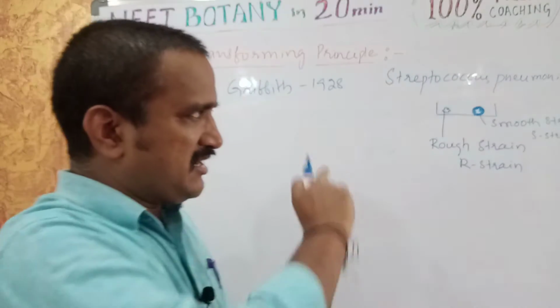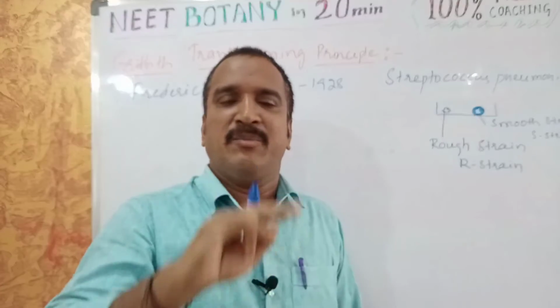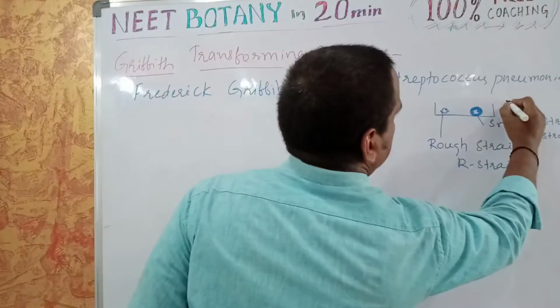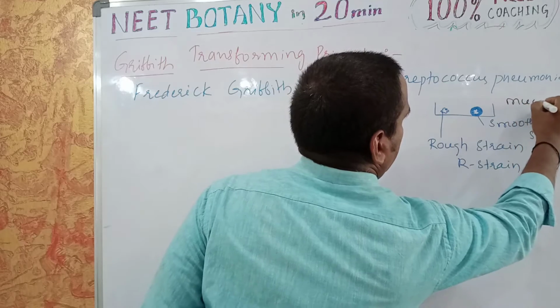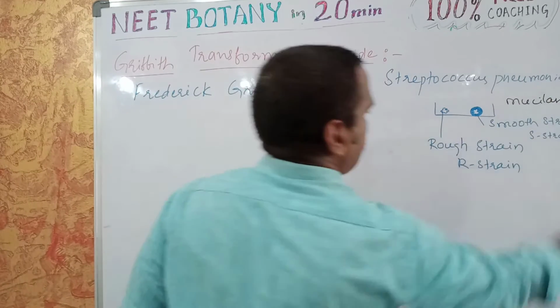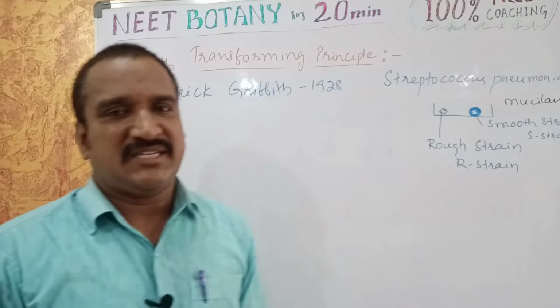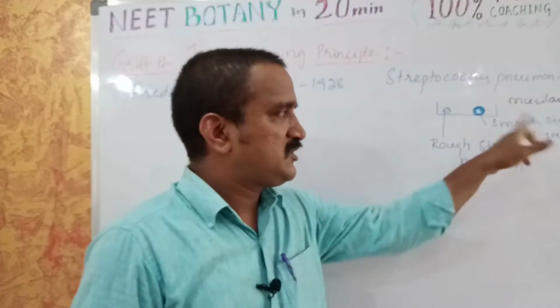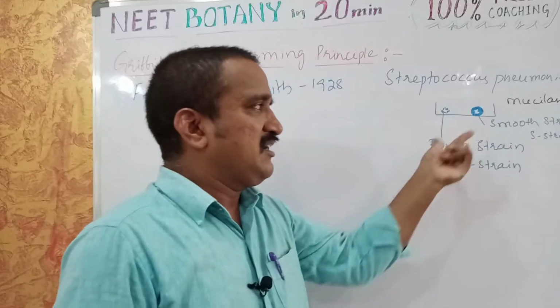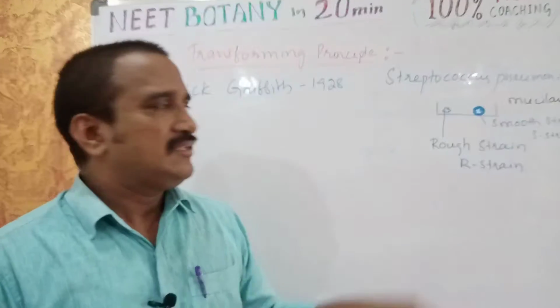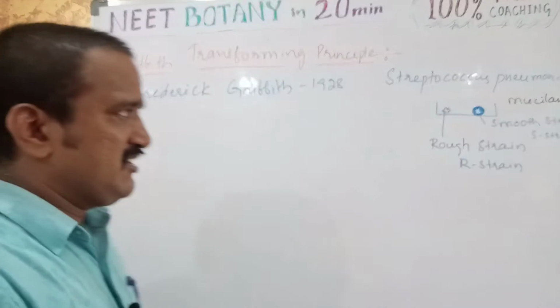The S strain has a mucilaginous coat, which is made of mucilage. Because of the mucilage coat, the S strain appears smooth, but actually smooth strains have extra protection compared to the rough strains.